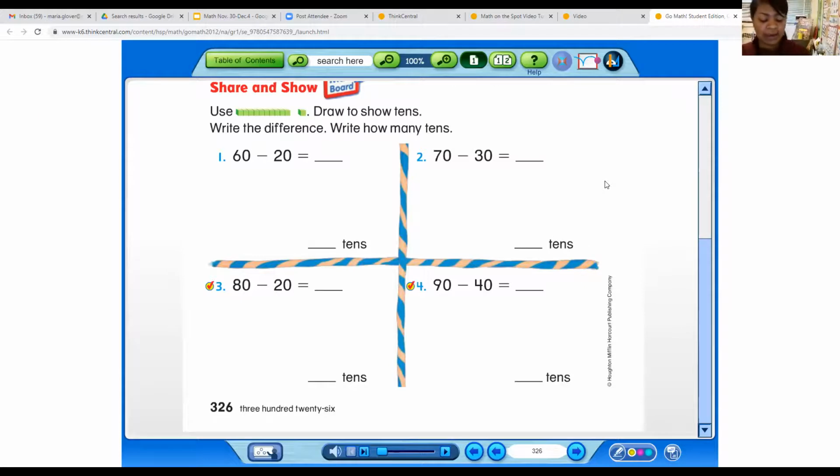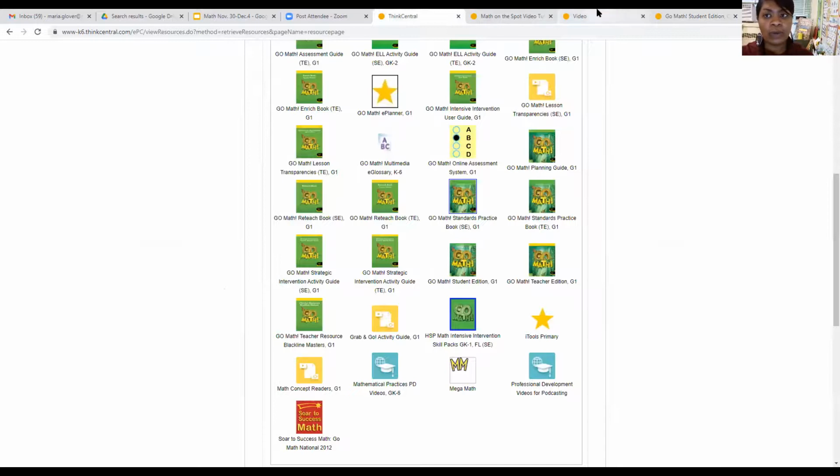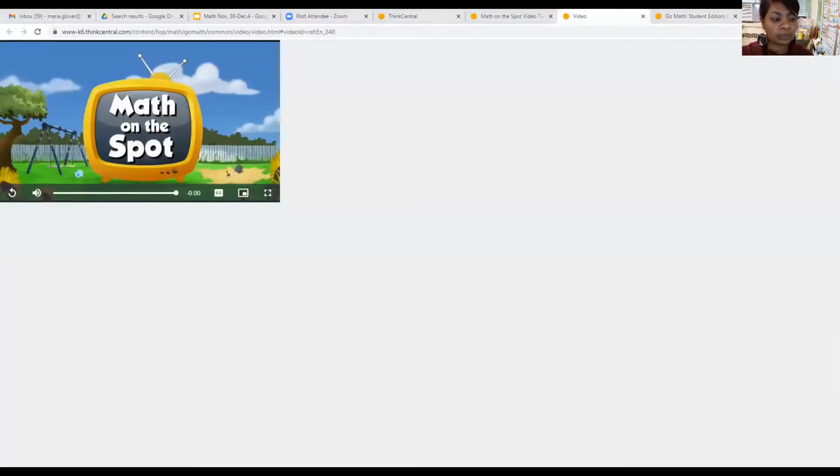4. Now, in your Go Math Standards Practice book, we are going to work on page P155. Of course, this will be in your Schoology, and you'll be able to type in the answer.